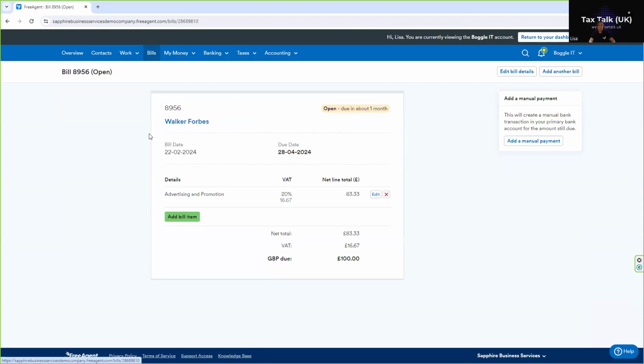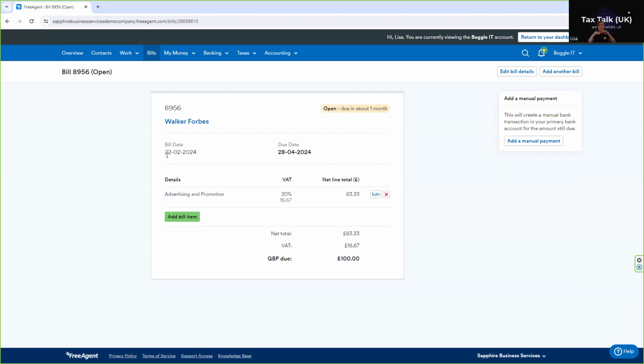If we click into that, we can see that by entering that bill, by putting in that purchase invoice, we have told Freeagent that we have incurred this expenditure. We have said how much it's for, whether it has VAT, so we've accounted for our VAT.